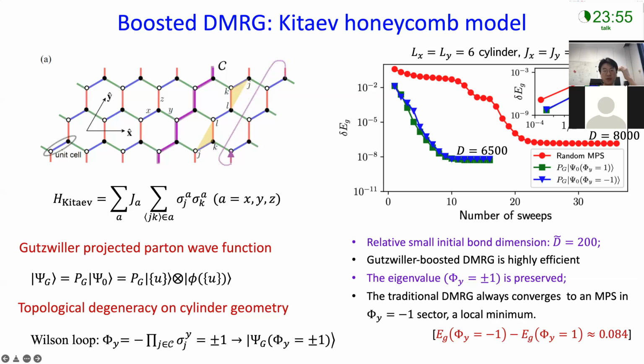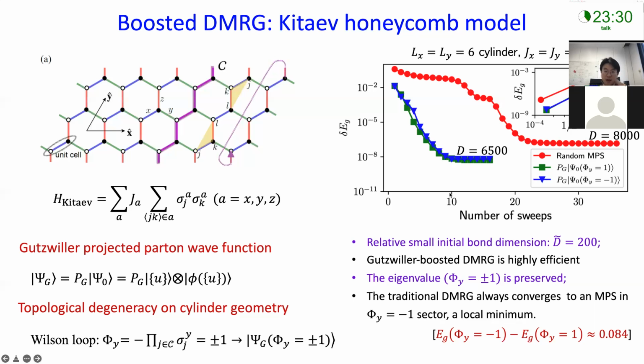So here we use this model to benchmark the performance of traditional DMRG and Gutzwiller boosted DMRG. The red line is the result of traditional DMRG, which is initialized with a random MPS. We can see that traditional DMRG requires a larger number of sweeps and a larger bond dimension to converge.